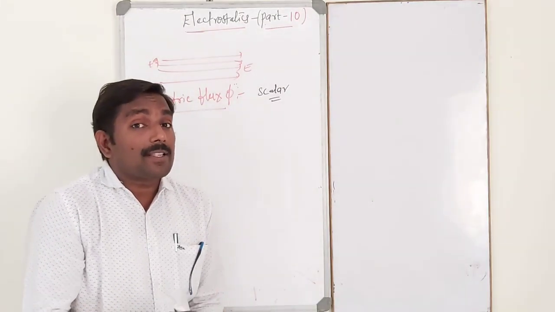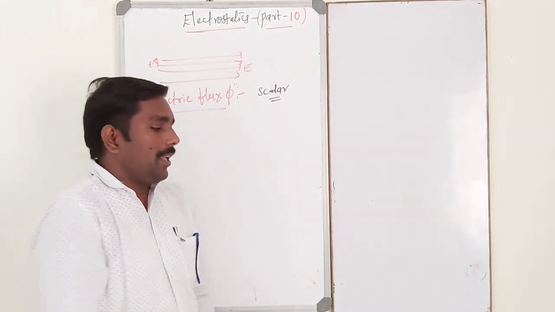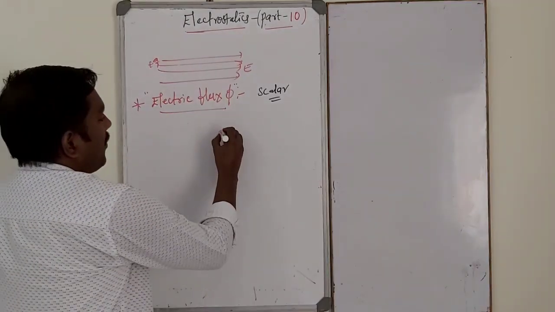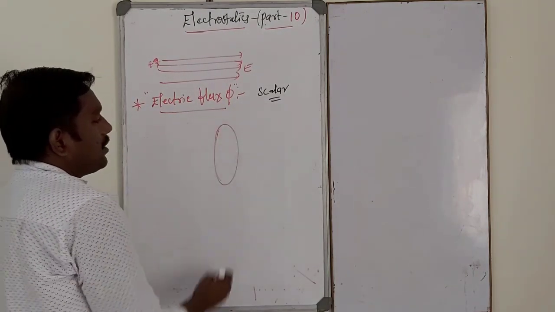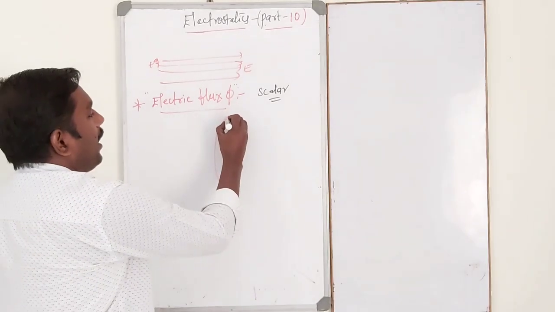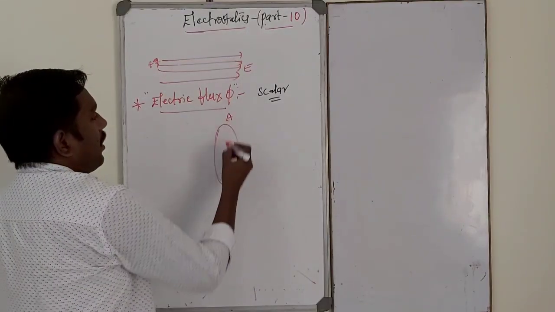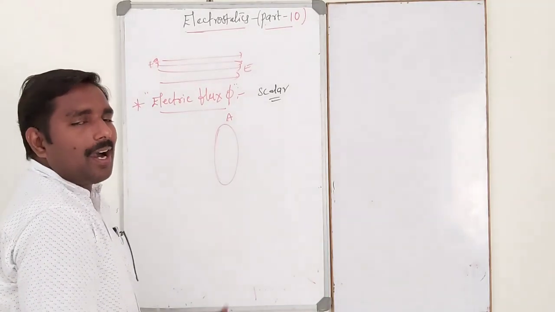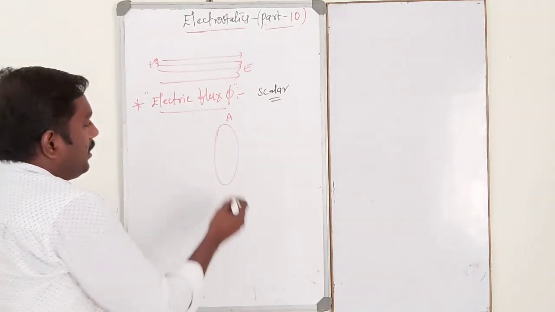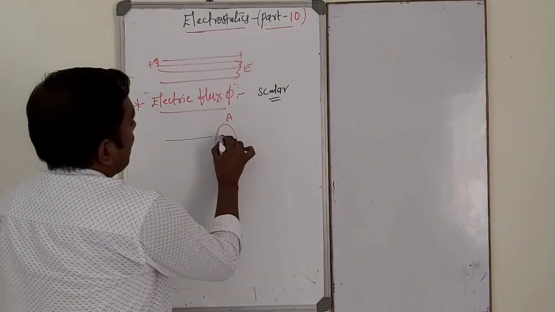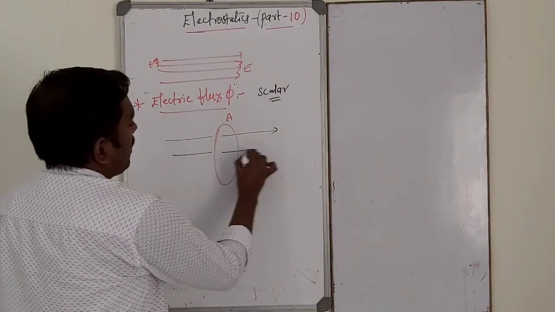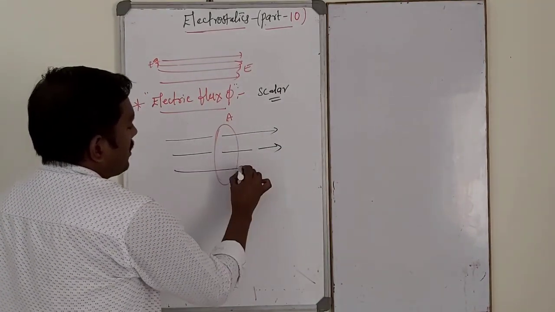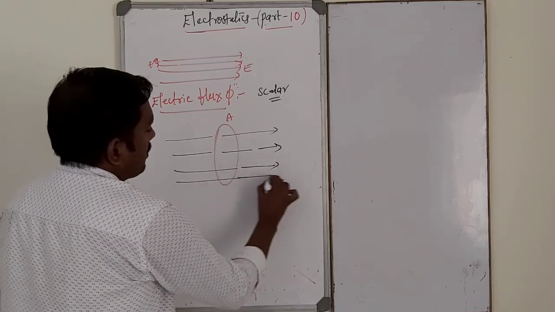Number of field lines passing normal to the given area, like this. This is a small surface, the small surface area A, like a ring or bangle, whatever. The number of electric field lines passing normal to the given area is called electric flux.